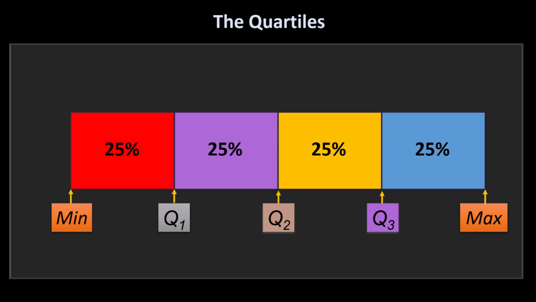That means 1/4. Then what is the percentage between minimum and Q3? That is the 75%. What is the percentage between Q1 and Q3? That is 50%. Right.